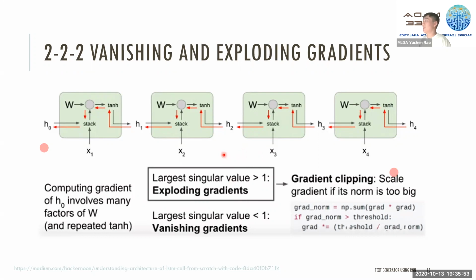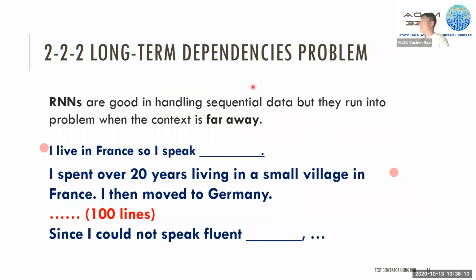Even if it is relatively large, like 0.5 or 0.9, after for example 100 units it will vanish into zero. So we will lose some data and that makes our network a mess.